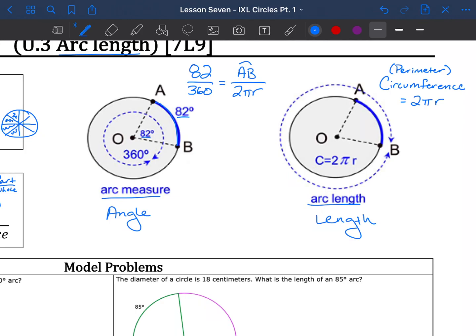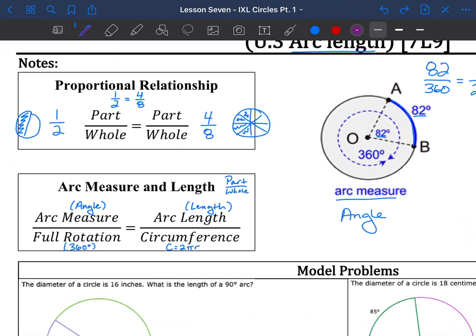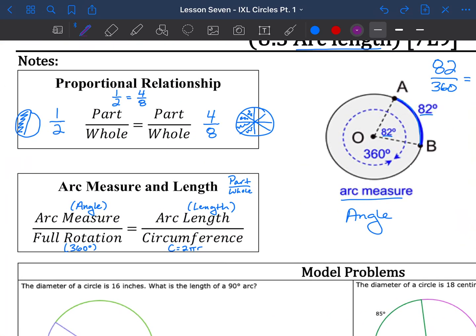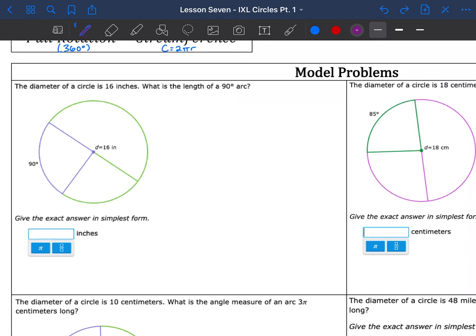This will make more sense when we do examples. But now that we have a proportion, we can use the butterfly method to find the missing part. The only thing you need to remember is part over whole. So, let's dive into it.